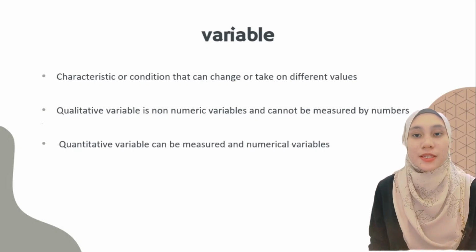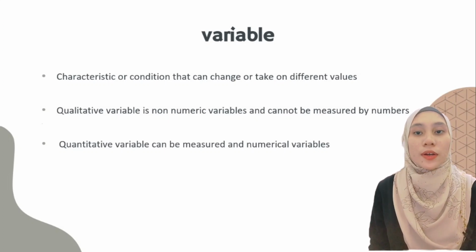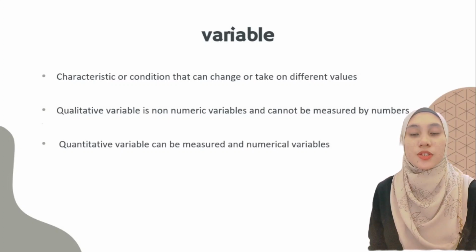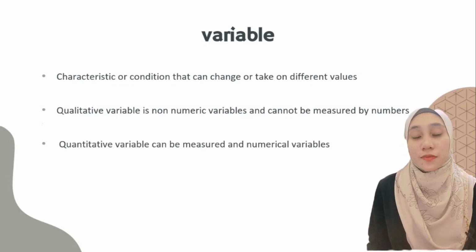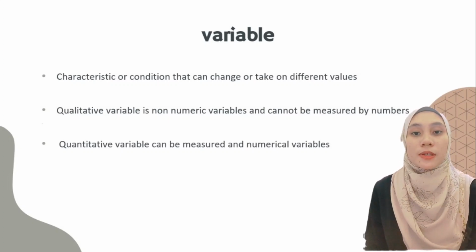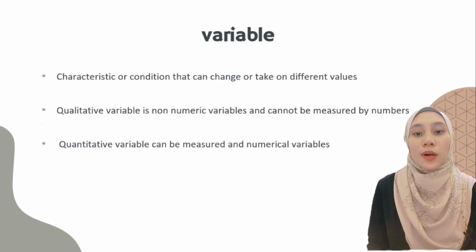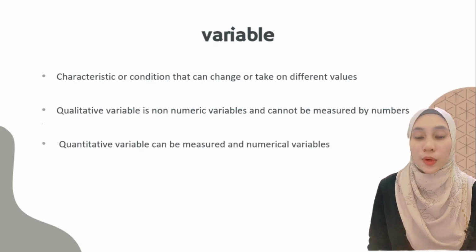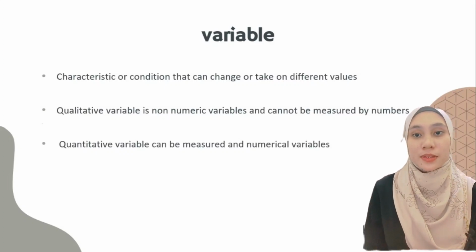A variable is a characteristic or condition that can change or take on different values. There are two kinds of variables, which are qualitative variables and quantitative variables.